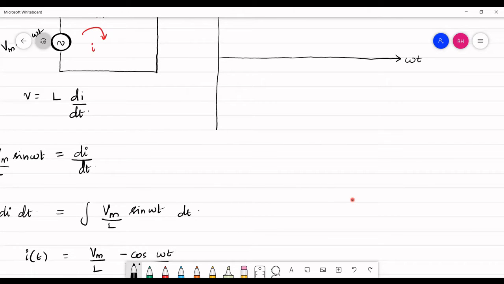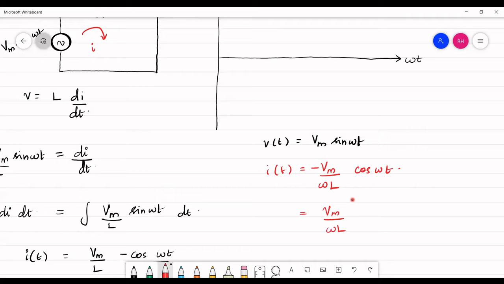V of t is Vm sin omega t, and I of t is minus Vm divided by omega L cos omega t, or I of t could be written as Vm divided by omega L sine of omega t minus pi by 2.